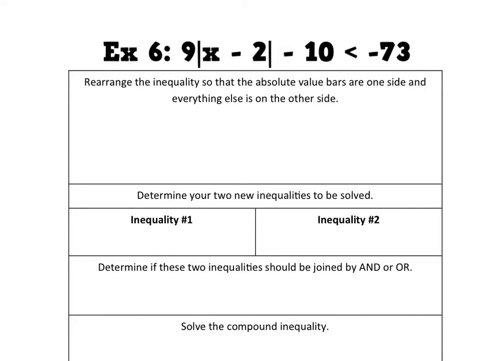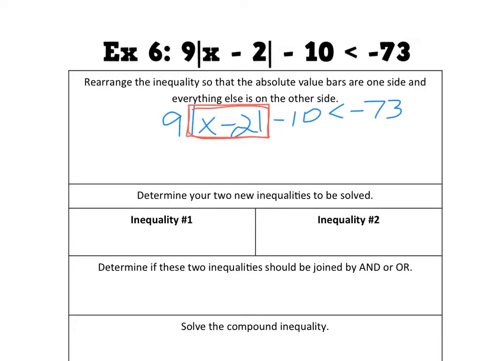Next one, we kick it up a notch. So 9 absolute value of x minus 2 minus 10 is less than negative 73. You want to treat this like a normal two-step equation. You're kind of just circling the absolute value and trying to get it by itself.